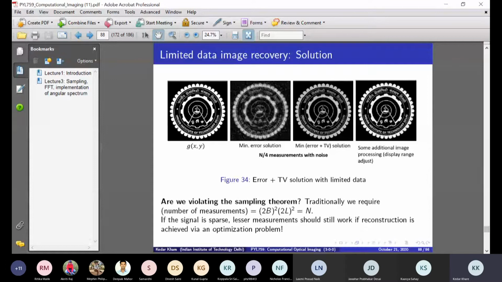Okay, so if we have put it by hand that the nature of the image we are recovering has, for example, TV based sparsity, then it should make sense that a much lesser number of measurements should actually be fine. Okay. Is this clear to everybody?